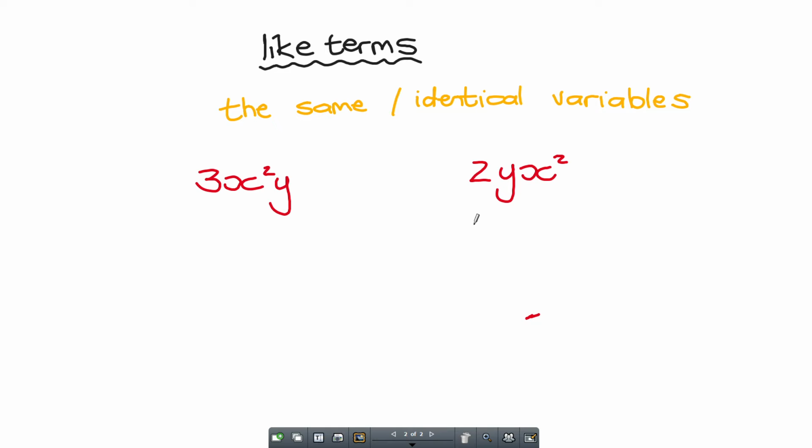Will it be a like term of xy squared? Yes for this one, but no for that one, because of this. The square must be with an x and not with a y. Do you guys see that? So it must be identical. It must be exactly the same.